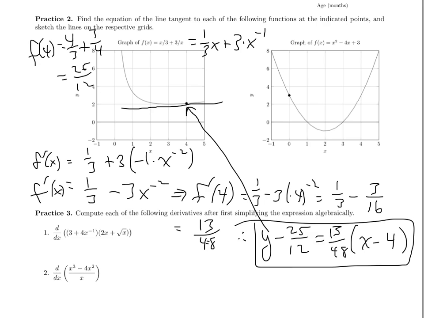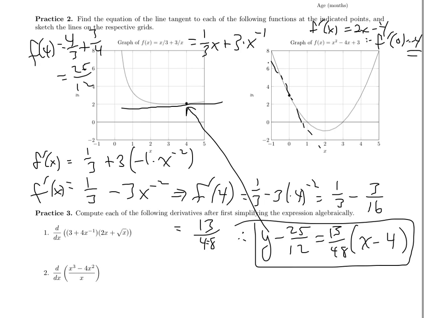The second question here is much easier because the derivative is easier. In this second problem, the derivative is just 2x minus 4, and so at the point that I'm interested in, this is the point where x is 0, and so f prime of 0 is negative 4. So the line where it goes down like this, that goes in the same direction as the curve, has a slope of negative 4.